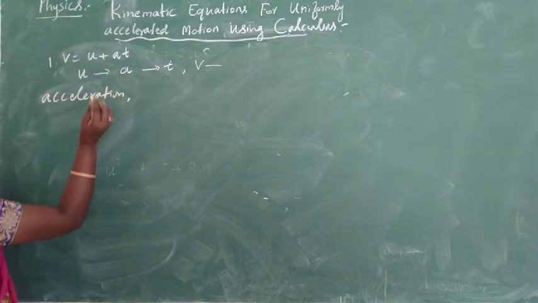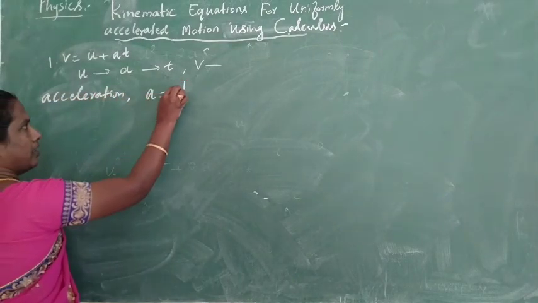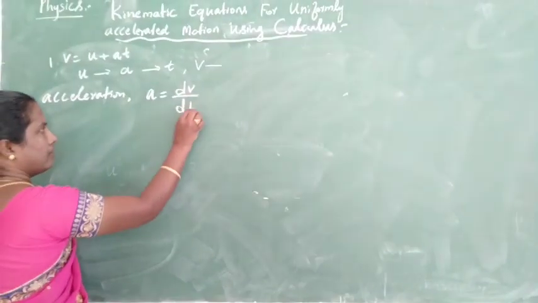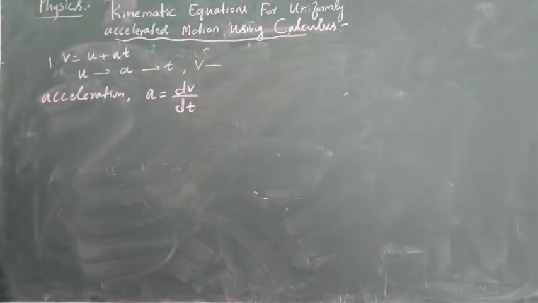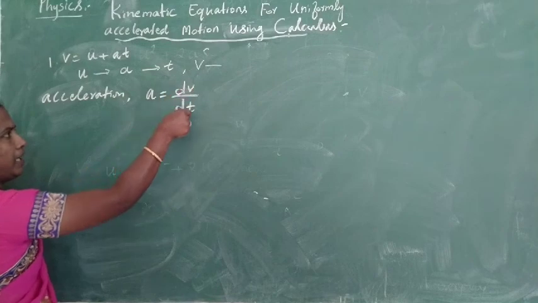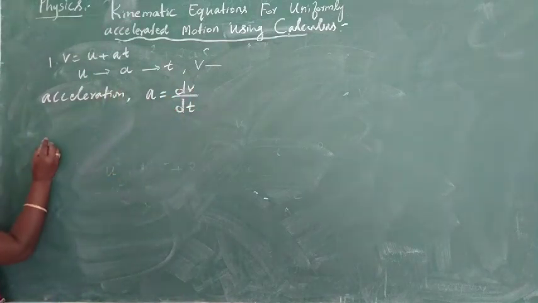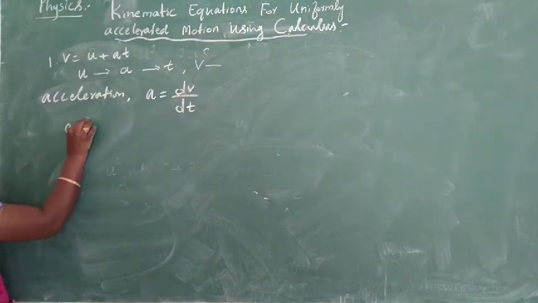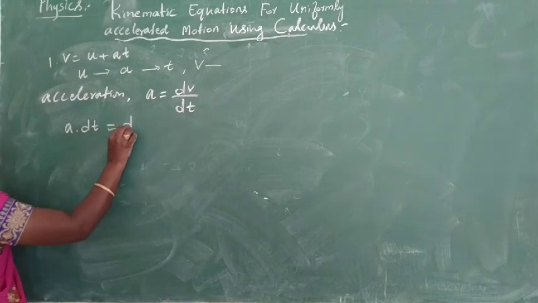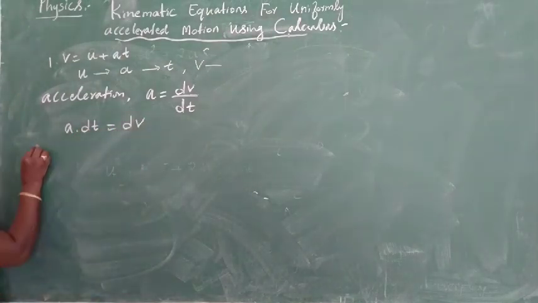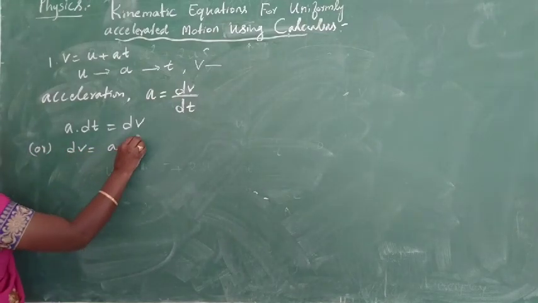By definition, acceleration a is equal to the rate of change of velocity, which is dv by dt. Now I can cross multiply this term: a into dt is equal to dv, or dv is equal to a into dt.